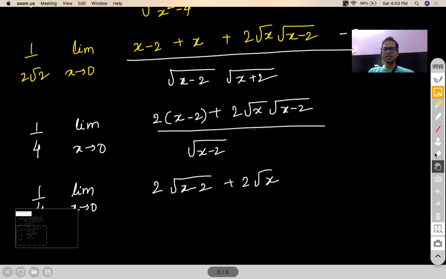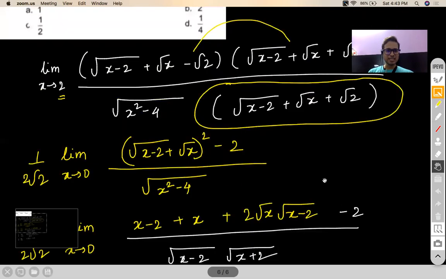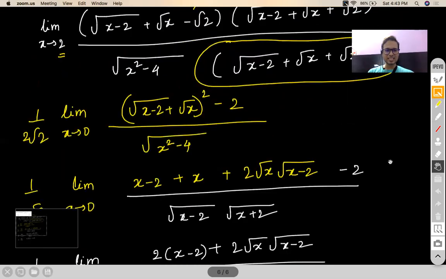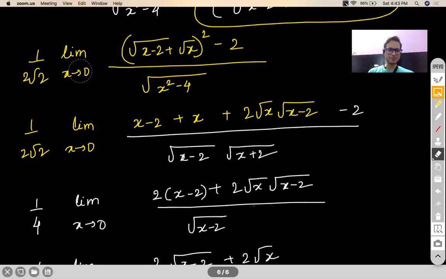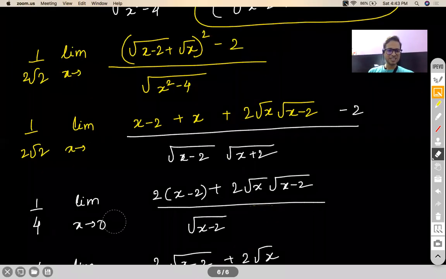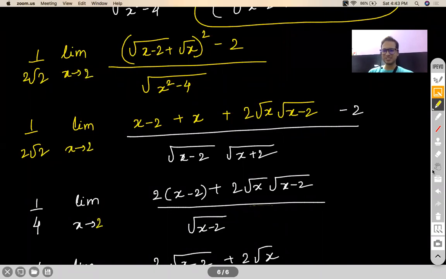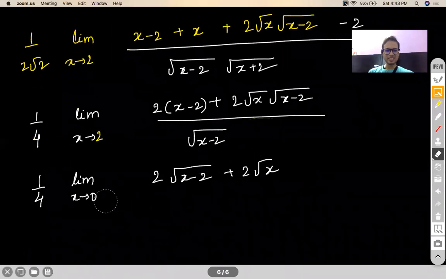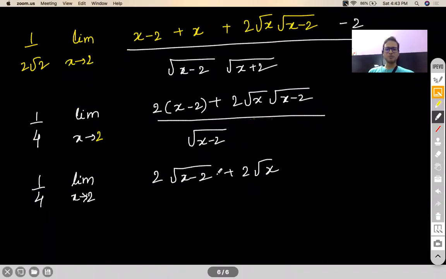I think x was tending to 2 and I kept on writing 0 here. I'm sorry. We are into so much of tending to 0 kind of limit that we tend to write this also as tending to 0. Yeah, this is tending to 2. Now just put x as 2 throughout here. It will become 1. This will become a 0. This will become a 2 root 2.